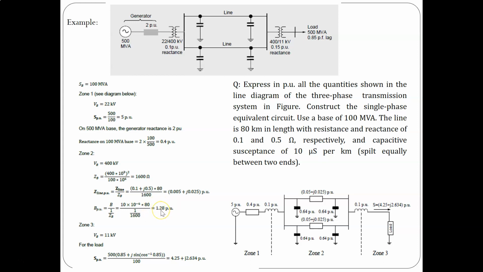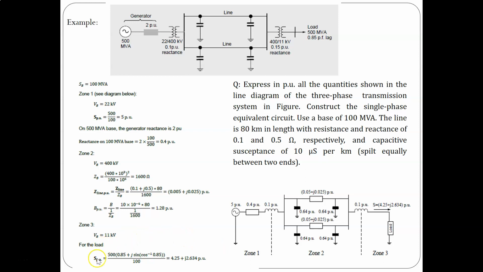You're typically using a pi equivalent, so you divide it in two, split equally between the two ends. For zone 3 we choose the voltage base of 11 kV, you can see here, and also here the reactance is given. We have a small error, I see, in this calculation here.